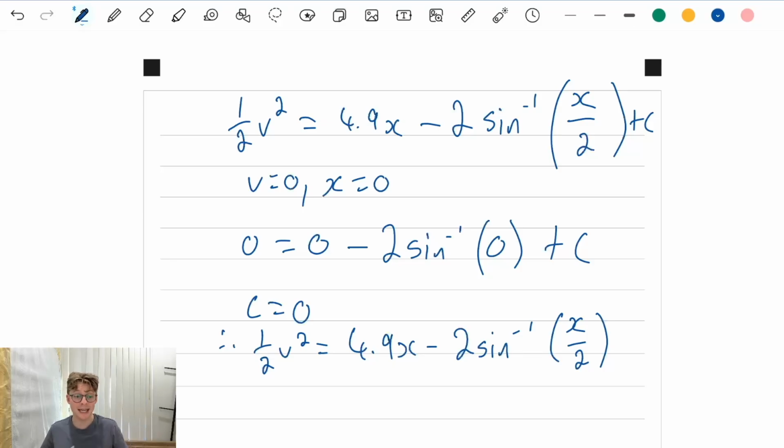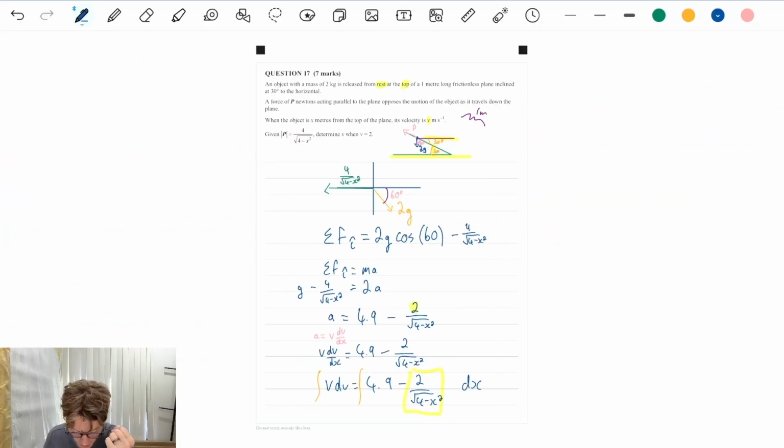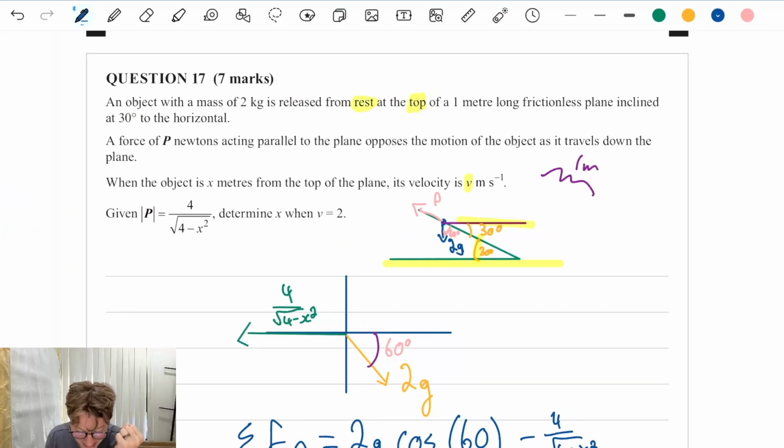Once I get to here, I can now substitute in v equals 2. That was part of the question, right? Figure out the position. Hang on, oh wait, no, sorry, here's the bit I was looking for. Determine x when my velocity equals 2.